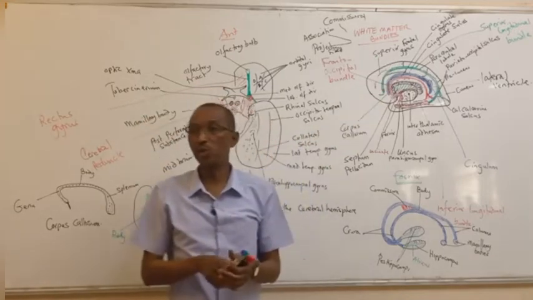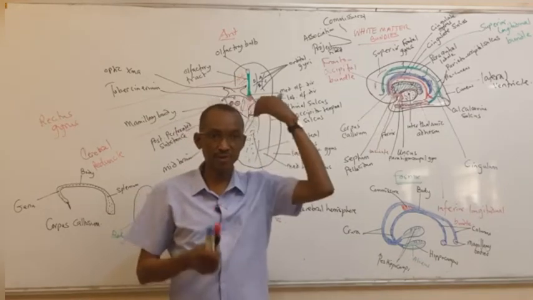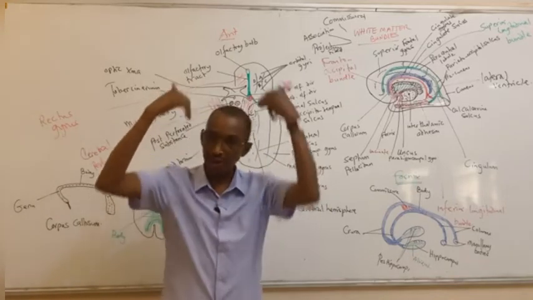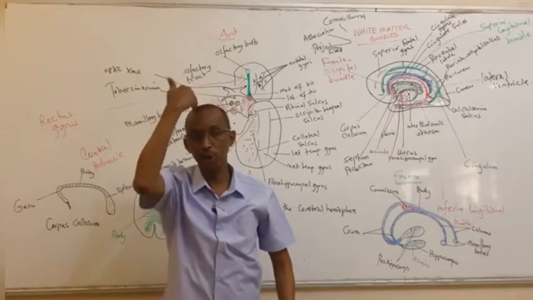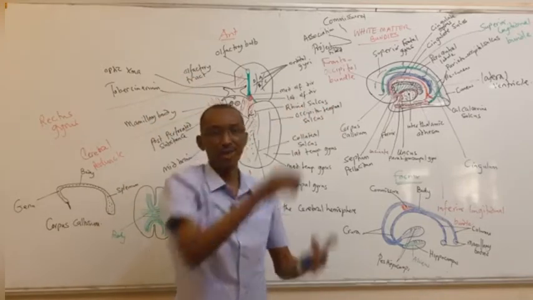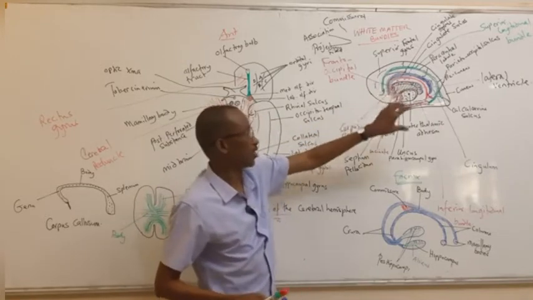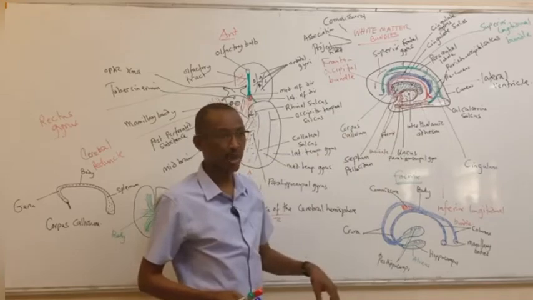So until you separate the two cerebral hemispheres into left and right, and then along the right or the left one, you make a parasagittal section, and then you remove this part, and you look at it on this part, then you'll be able to see this. That means these bundles are inside the cerebral hemisphere.